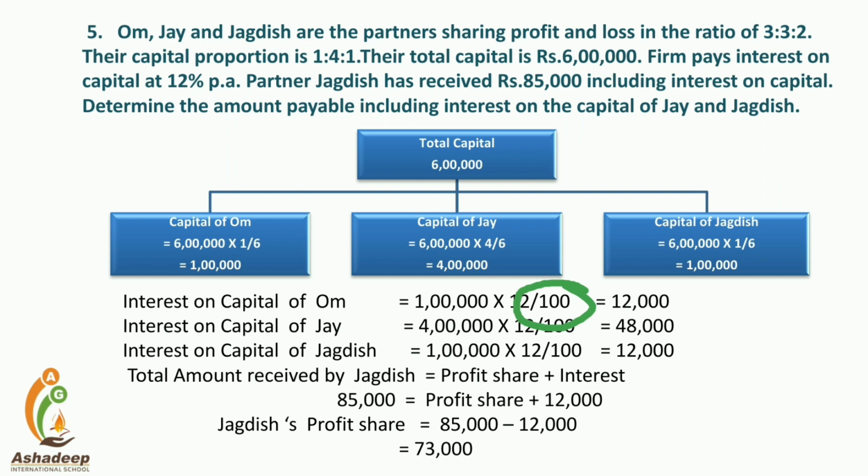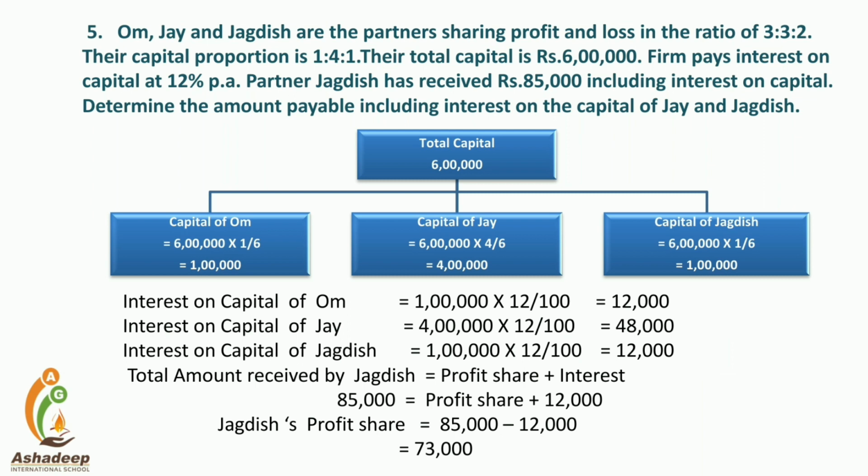By multiplying it, we get 12,000 rupees. In the same way, interest on capital of Jay is 4 lakh into 12 upon 100, we will get 48,000, and interest on capital of Jagdish, 1 lakh multiplied 12 upon 100, we will get 12,000 rupees.